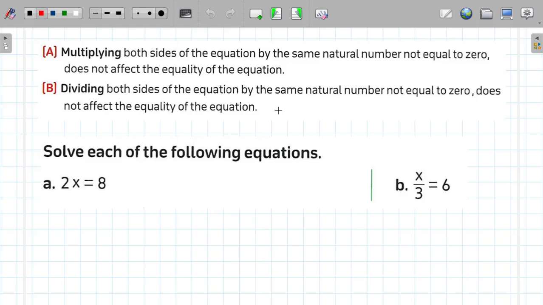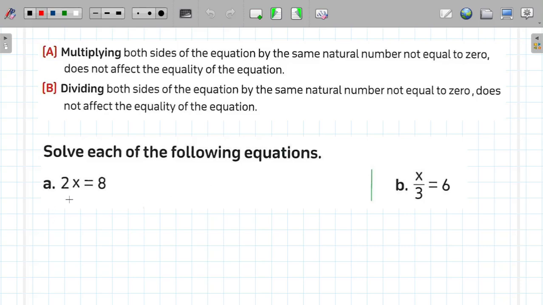I cannot divide or multiply both sides by the same number, 0. So I can multiply or divide by any number except 0. So multiplying and dividing would not affect the equality of the equation.